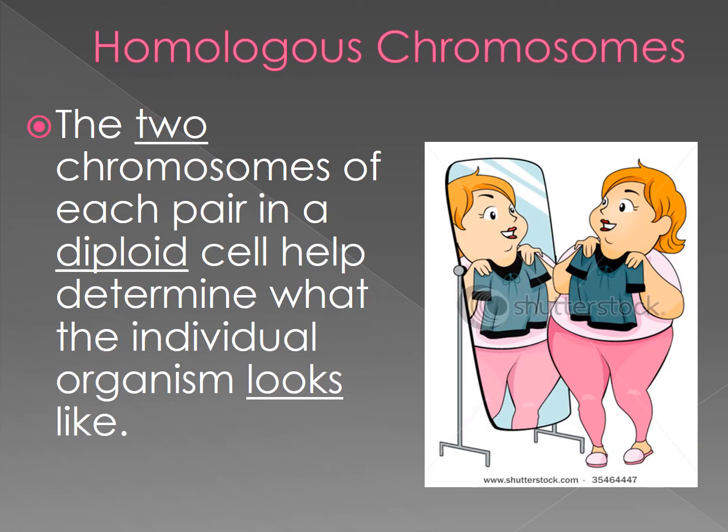So homologous chromosomes. Remember, homo means same. And when we talk about homologous chromosomes, remember they come in pairs, which is 2. This is going to determine what an individual looks like because we're getting genes from mom and dad.